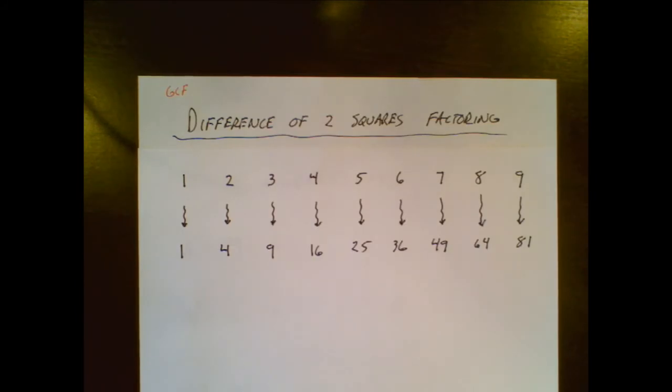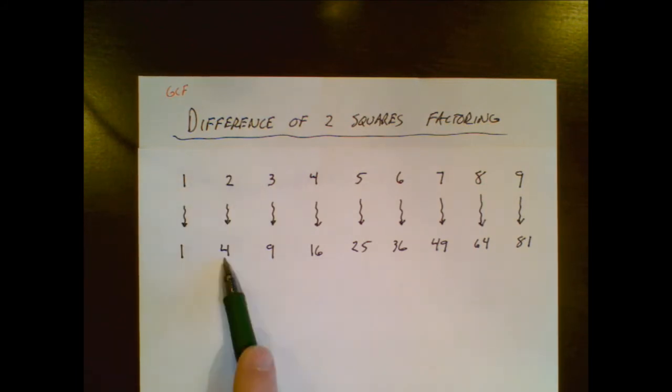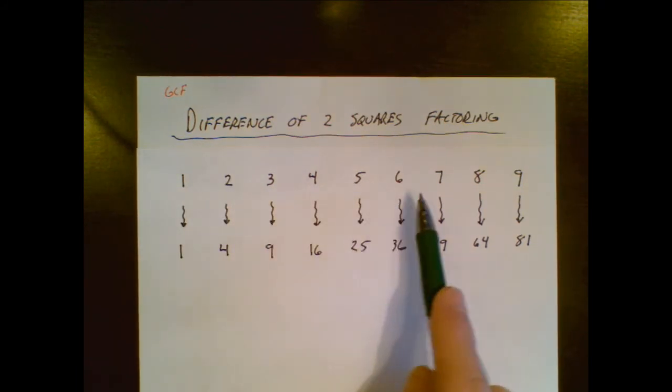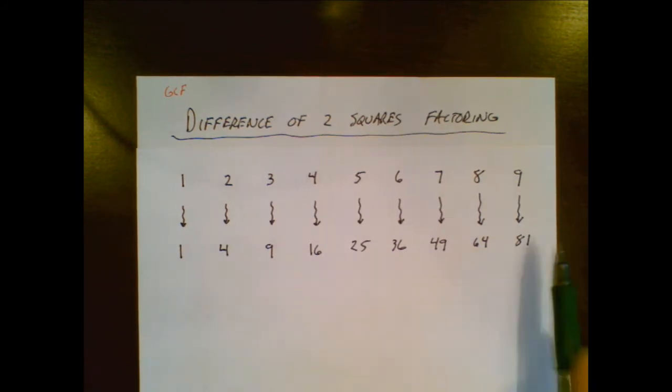The next thing you'll need to have in your head are all the squared terms. You'll see why in a moment, but 1 squared is 1, 2 squared is 4, 7 squared is 49, 9 squared is 81.